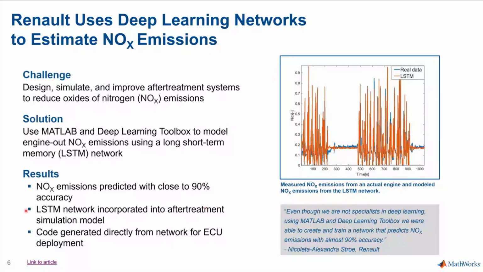And in the end, the results were that the NOx emissions could be predicted with close to 90% accuracy. And the LSTM, so that's the long short-term memory network, was incorporated into the after-treatment simulation model. And they could also generate code directly from the network for the ECU deployment.